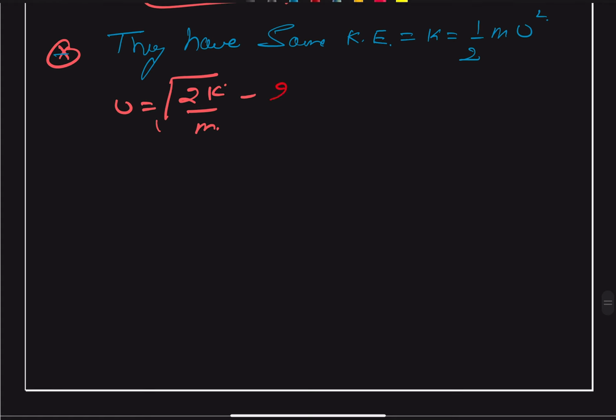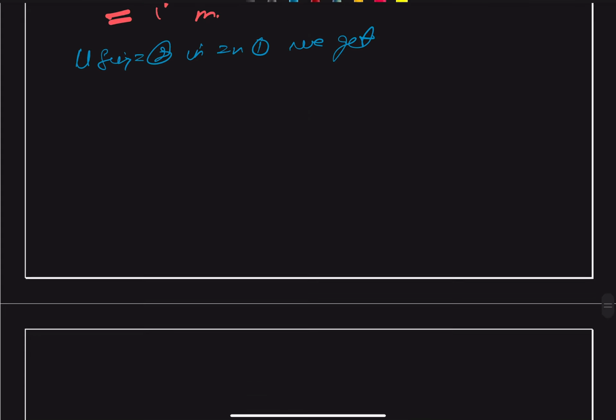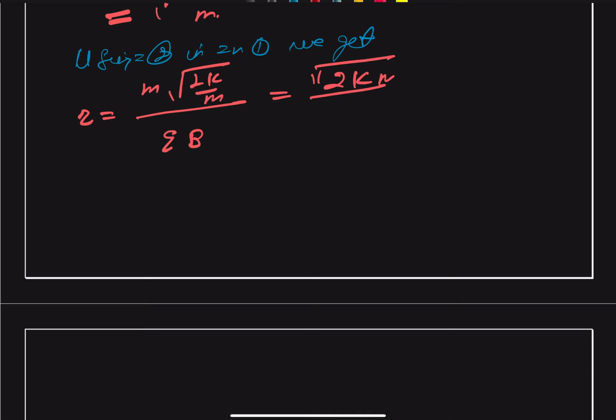So using the velocity equation in the radius equation, that is, using equation 1 in equation 2, we get our radius equal to m times the square root of 2K divided by m, all divided by q times B, which can be written as the square root of 2Km upon qB.